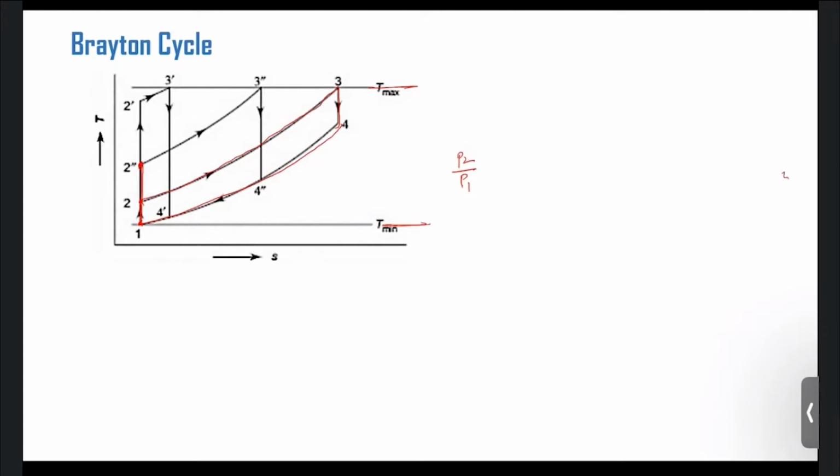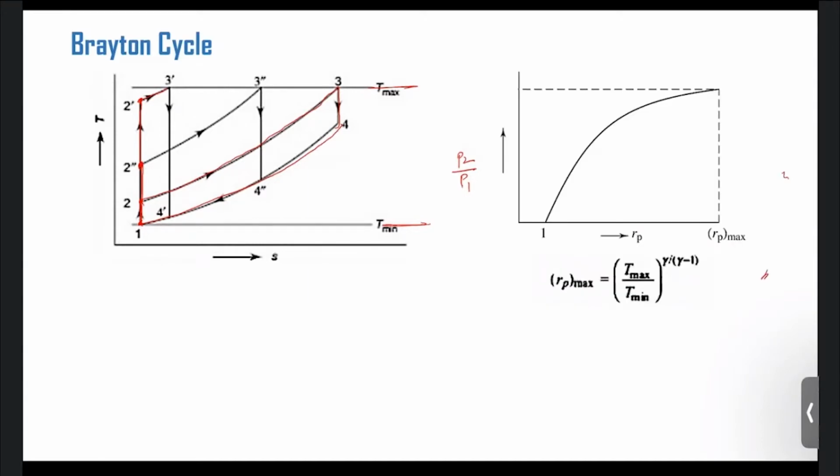Now if we increase the pressure ratio further and go up to point 2 dash, we can see that when we go from point 1 to 2 dash, the work obtained is reducing. The efficiency is increasing but the work obtained is reducing. So from here we can say that as we increase the pressure ratio, the efficiency is always increasing, but after some point the work done starts reducing.